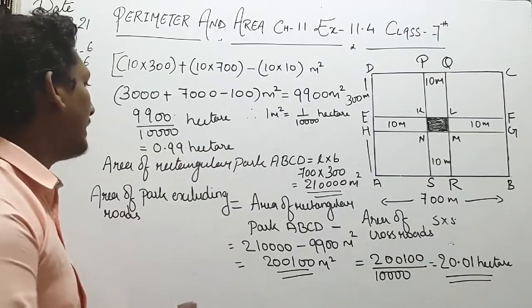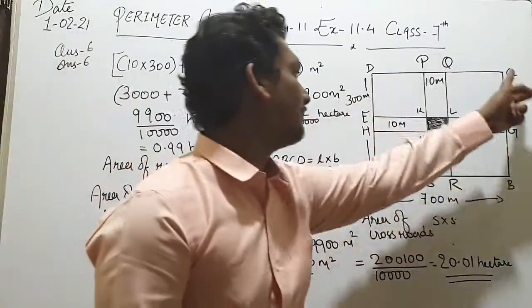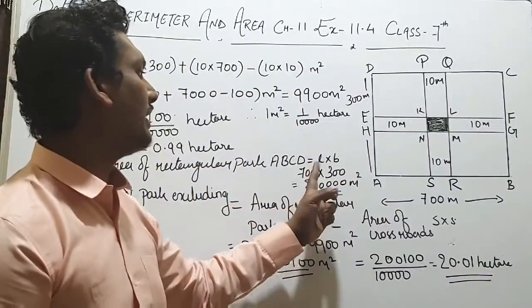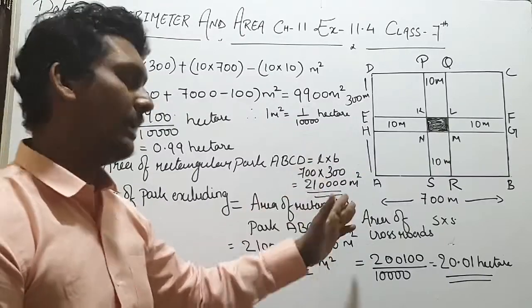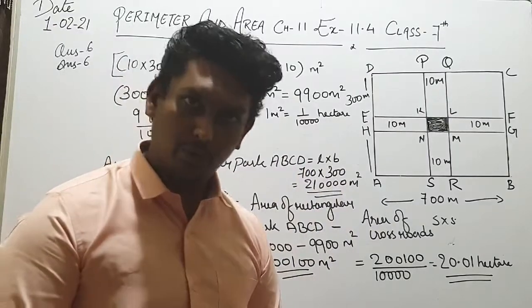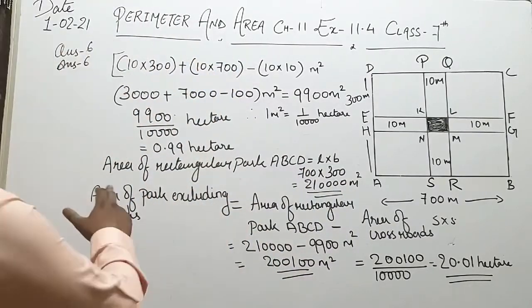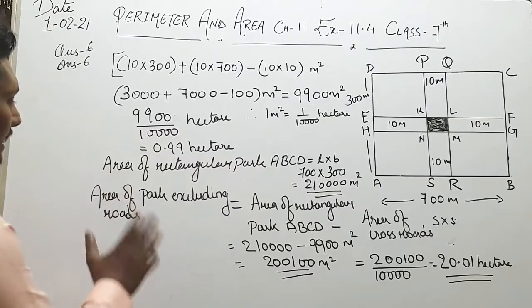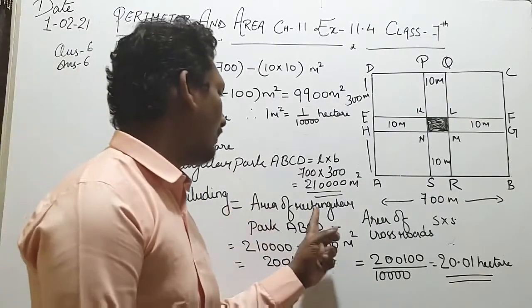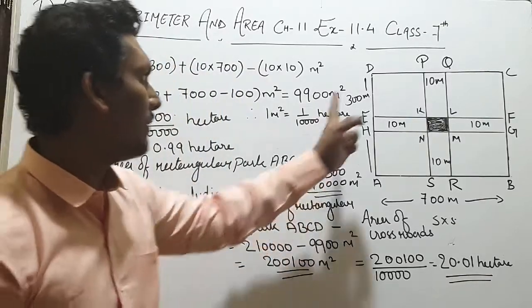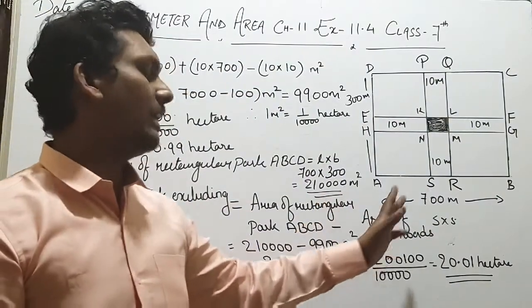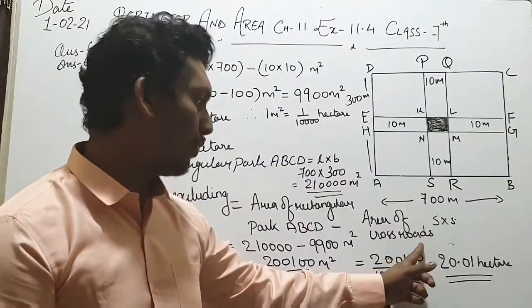Now come to the next part. Area of rectangular park ABCD, that is length into breadth, that is 700 into 300, that is 2,10,000. This thing you can find in the starting also. There is no problem in that. Now we have to find out the area of the park excluding the roads. So from this big rectangle ABCD we have to subtract the area of the crossroads.